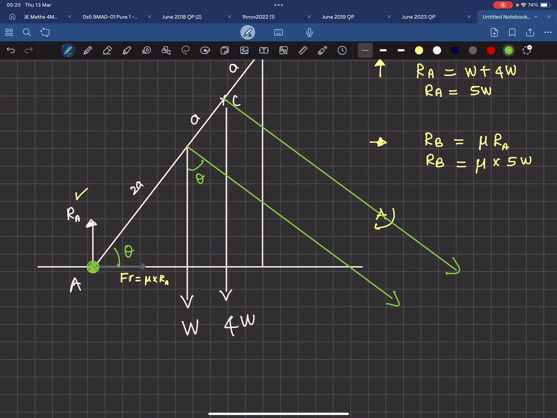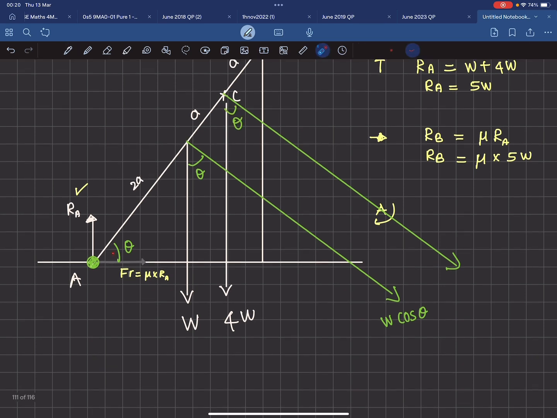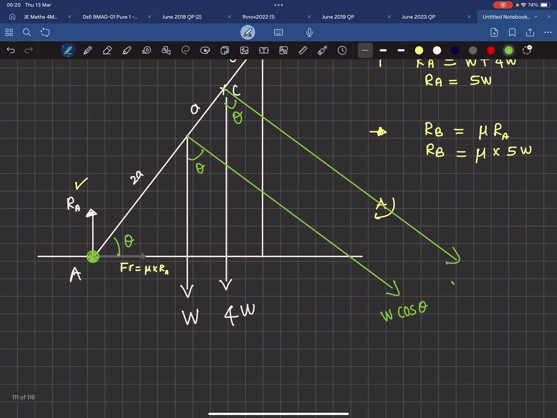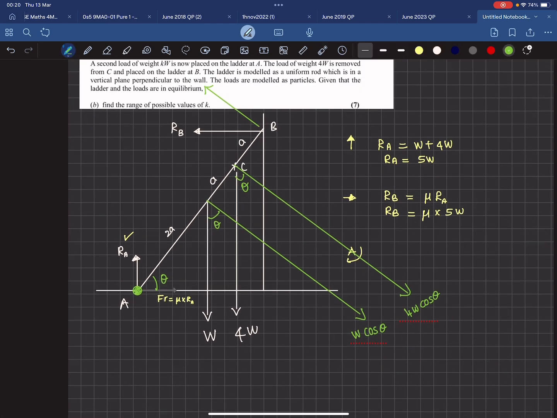So that is W cos theta. And likewise, this is theta as well, because if this is theta, that's theta, that's theta. They are all corresponding angles. So therefore, 4W cos theta is that.